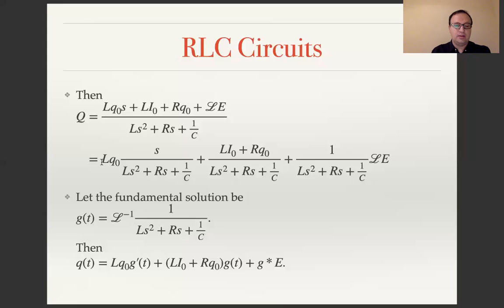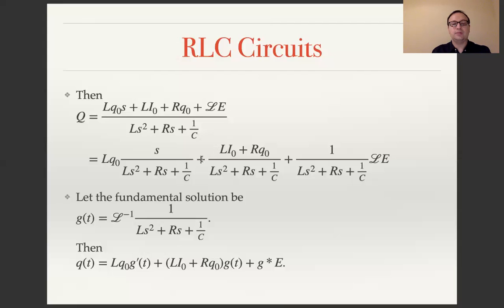Then the inverse Laplace transform of the first term here, LQ0 s over Ls squared plus Rs plus 1 over C, is LQ0 times g prime of t. So in general, this should be g prime of t plus g of 0, but g of 0 is 0.